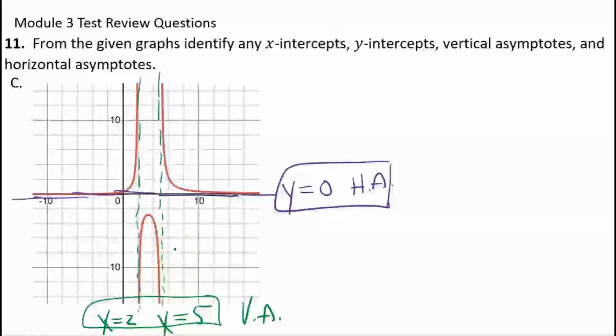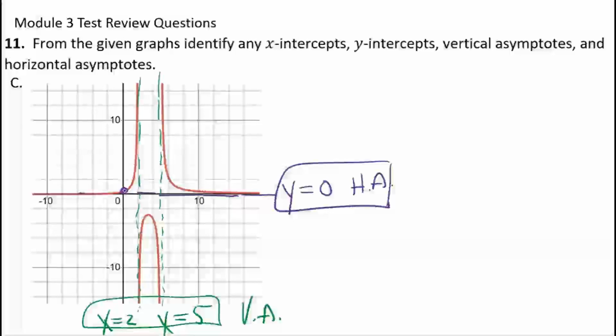Now, we're not finished. Where does the graph cross the x-axis or the y-axis? Now, look, I need to erase right here just a little bit because I see a y-intercept. Let's make it purple. Right there. But you know what?